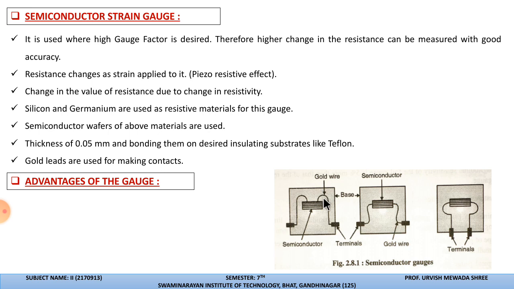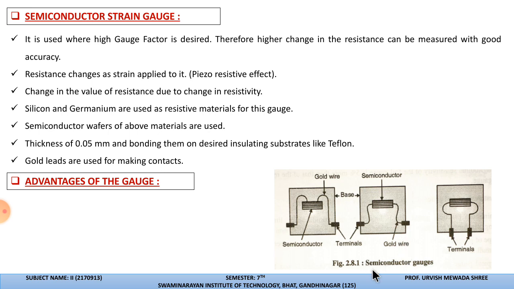Now this wire is made up of gold, and these are the terminals through which we can connect this gauge in the bridge circuit. This is the base on which the semiconducting material and the wire both are placed.